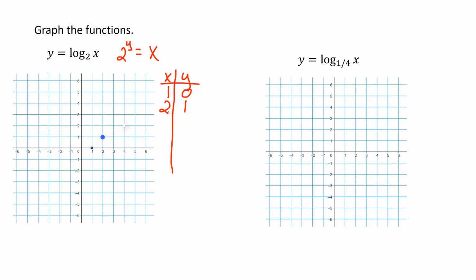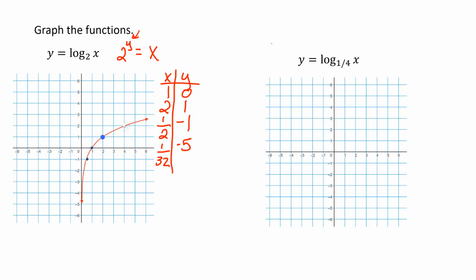So now the point (2, 1) is on the graph. And then if I put -1 for y, I'm going to get 1/2 for x. And so the point (1/2, -1) is going to be on there. And you can see that as y becomes more and more negative, x is approaching 0. So the function is approaching the y-axis.